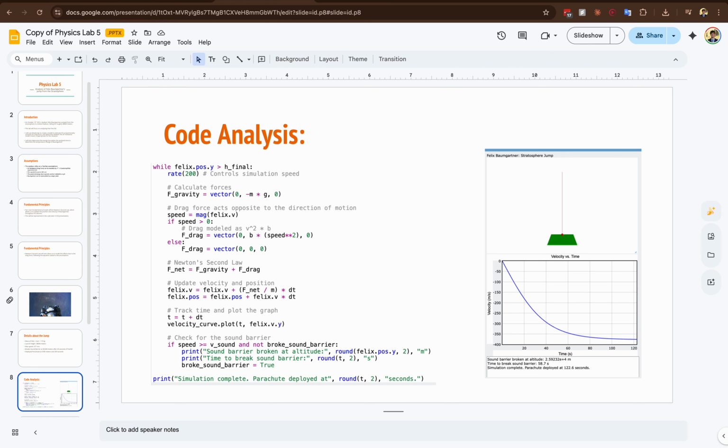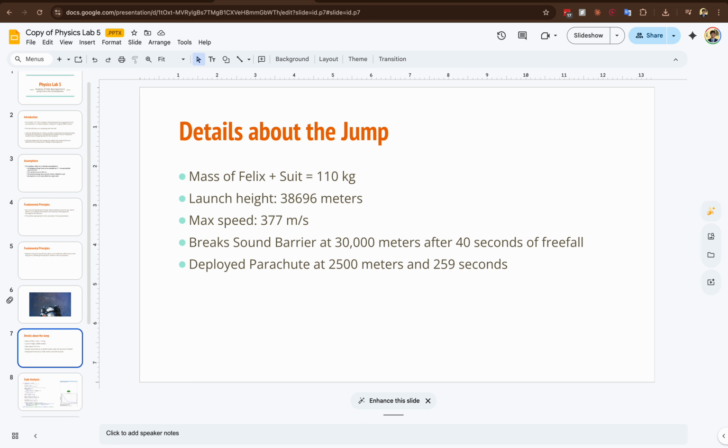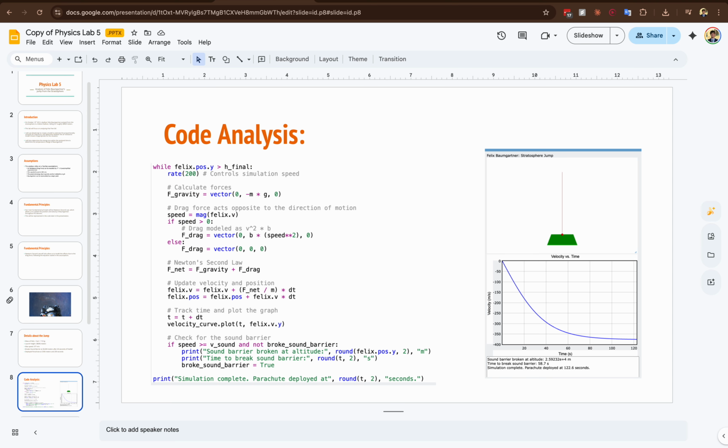Here's some of the code analysis. We needed the proportionality constant b, and this is fine-tuned through trial and error to match the actual values from the jump. We used terminal velocity, which is when the pull of gravity exactly balances the upward drag, so there's net zero force and constant speed.